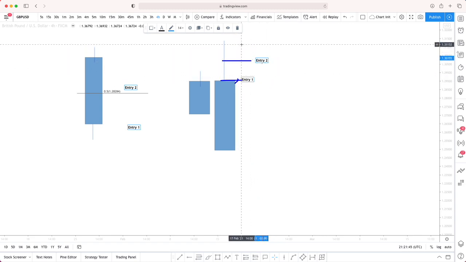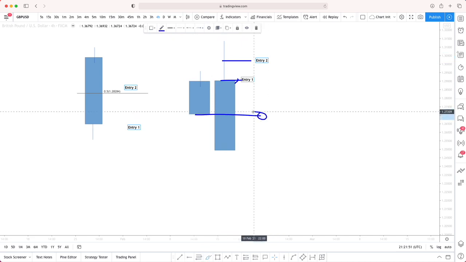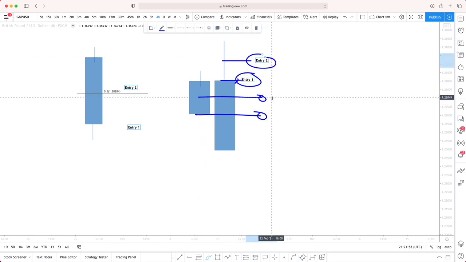Now, if you do get a liquidity wick, it doesn't mean that you can't use the actual OB itself. You can still use an entry here or 50% should you wish. But in terms of refinement, you can also use this. Remember, the more refined you go, the less probability you have of a trade triggering. So try not to over refine it if you don't need to.